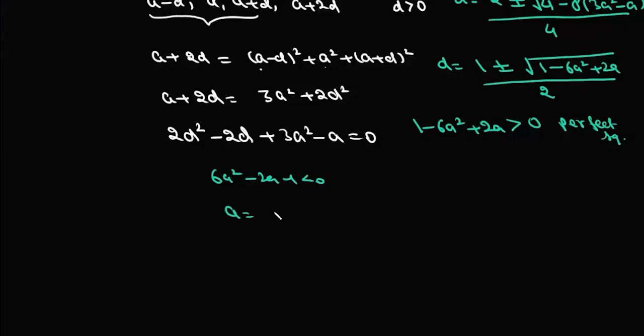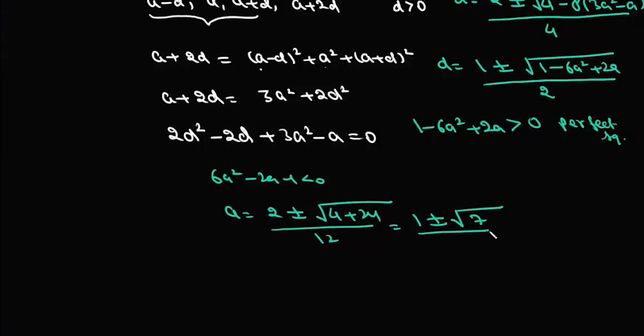The critical points are 2 plus minus under root of 4 plus 24, whole divided by 12, and this is 1 plus minus under root 7 divided by 6.